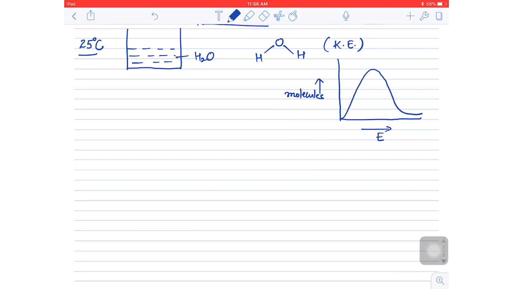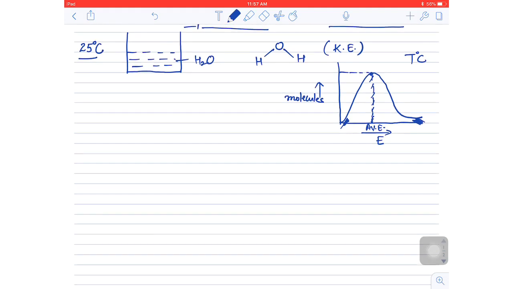This graph shows that most of the molecules in a given sample at any given temperature will have this average energy, and very few molecules will have this low energy, and a few other molecules will have very high kinetic energy.